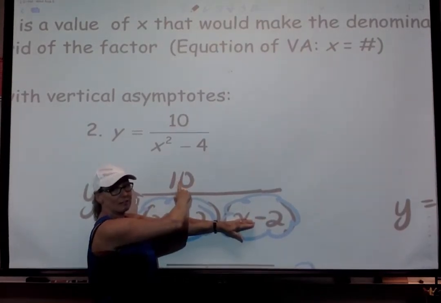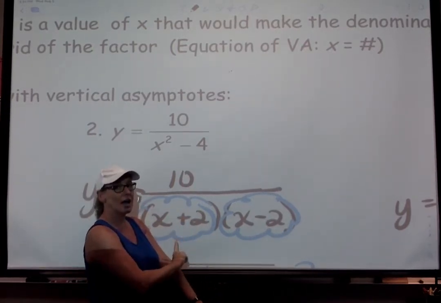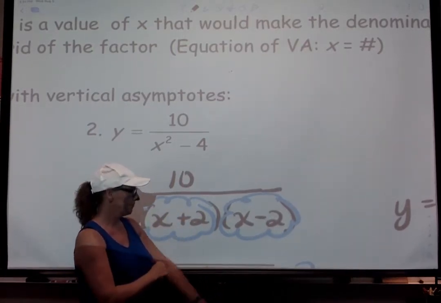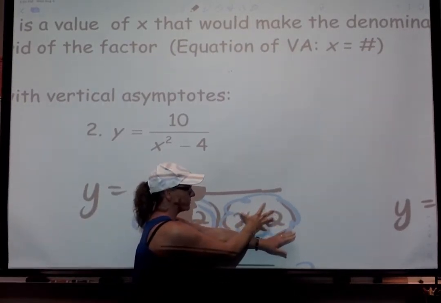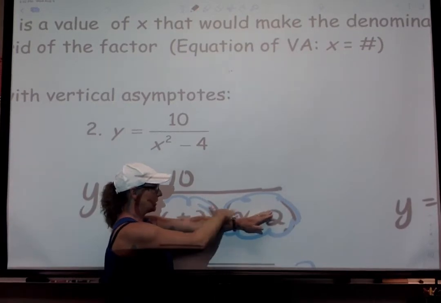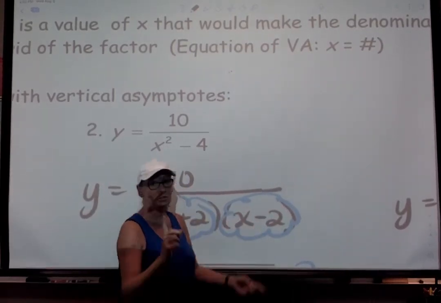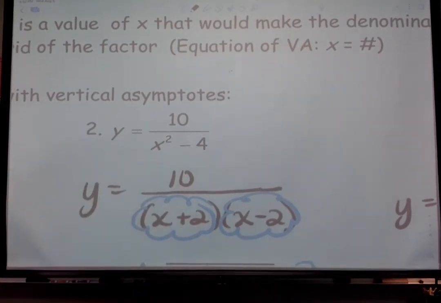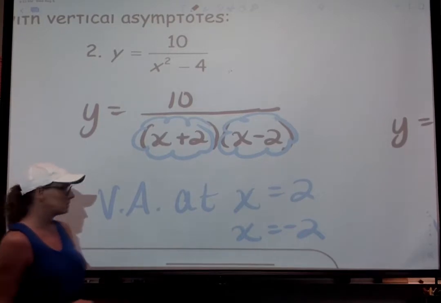The numerator is still 10. So there's a vertical asymptote at x equals negative 2. At positive 2, this blue cloud is 0. It wipes out your denominator, but the numerator is still 10. So when x equals positive 2, there's a vertical asymptote there as well. Wait, what? How can you have two vertical asymptotes? I'll show you in a little bit.